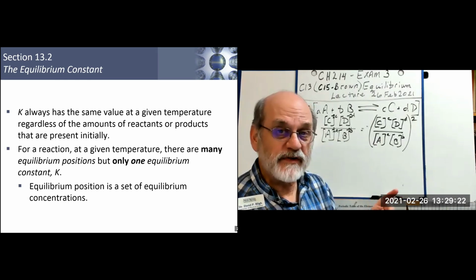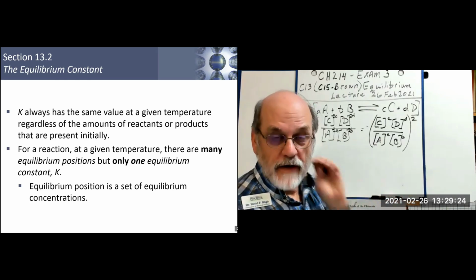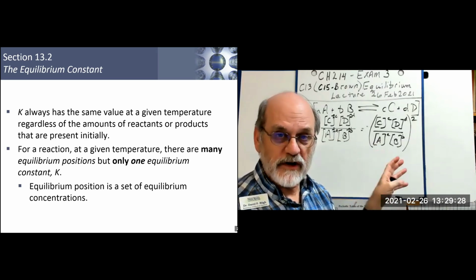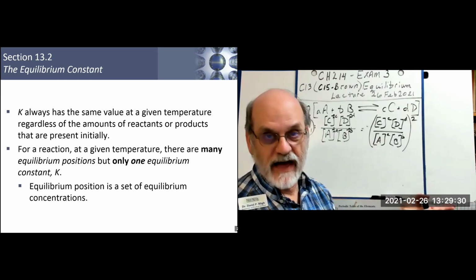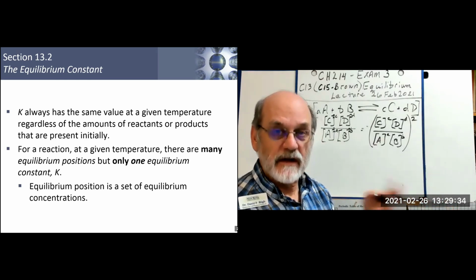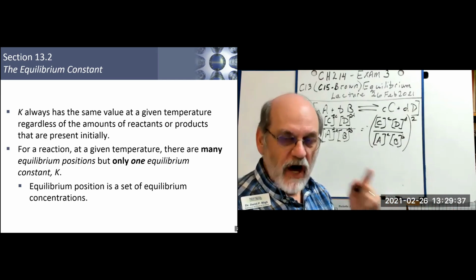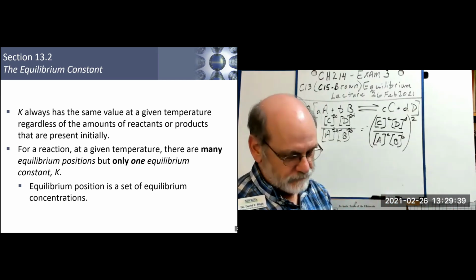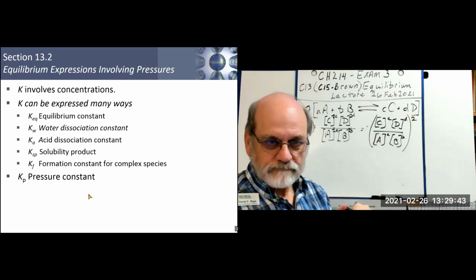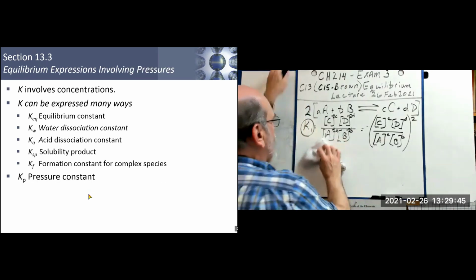So the equilibrium position could be different. If you start from a different concentration of reactants, you're going to end up at a different position than if you use, say, half of that. Okay, so the position is variable, but the constant is not.